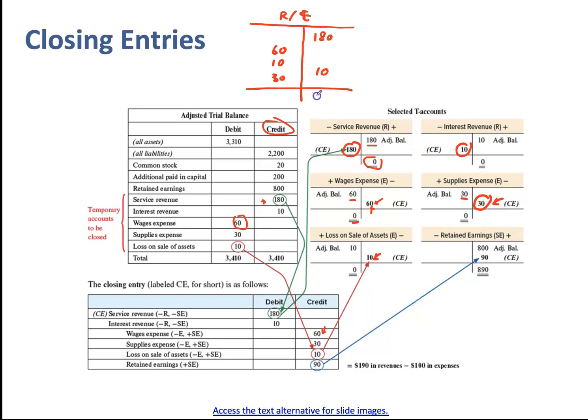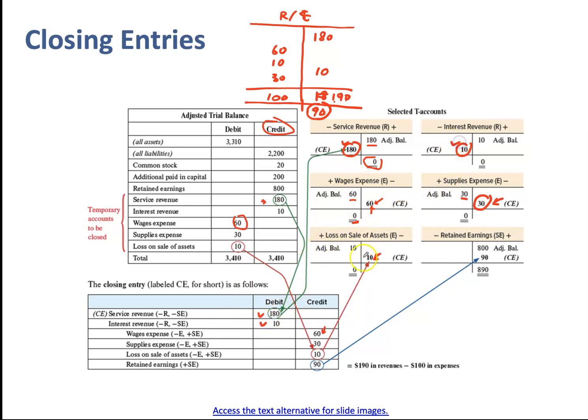So on the credit side, the effect was 190. On the debit side, 60 plus 10, 70 plus 30, that's 100, right? So 190 subtracting 100, the net effect is 90 on the credit side. So you will see in this closing entry, we debit service revenue 180. And then interest revenue, we debit 10.